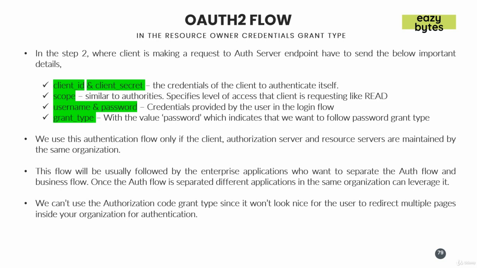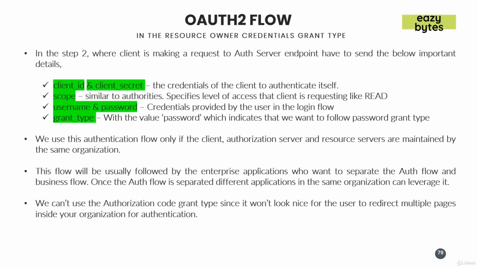Again, to reiterate, this resource owner credentials grant type will be used only if the client, authorization server and the resource servers are maintained by the same organization. Many organizations have multiple sub applications or internal applications.